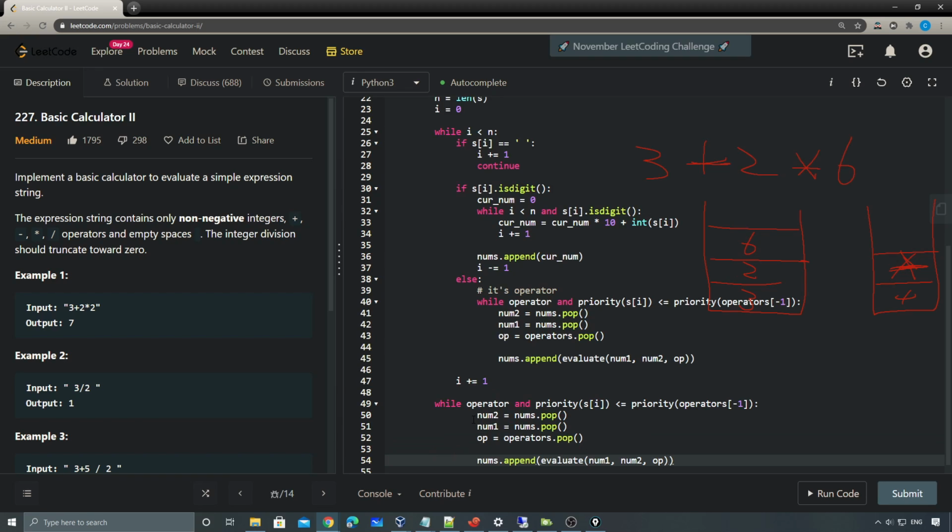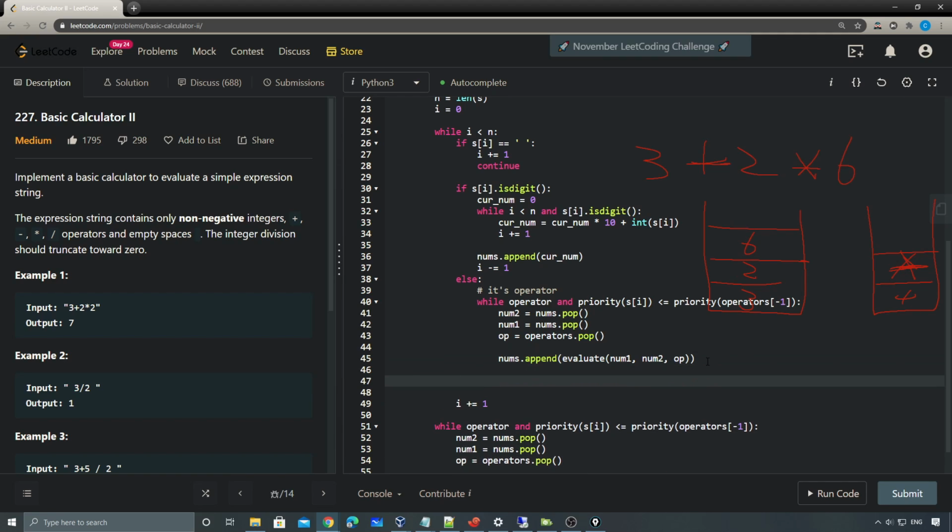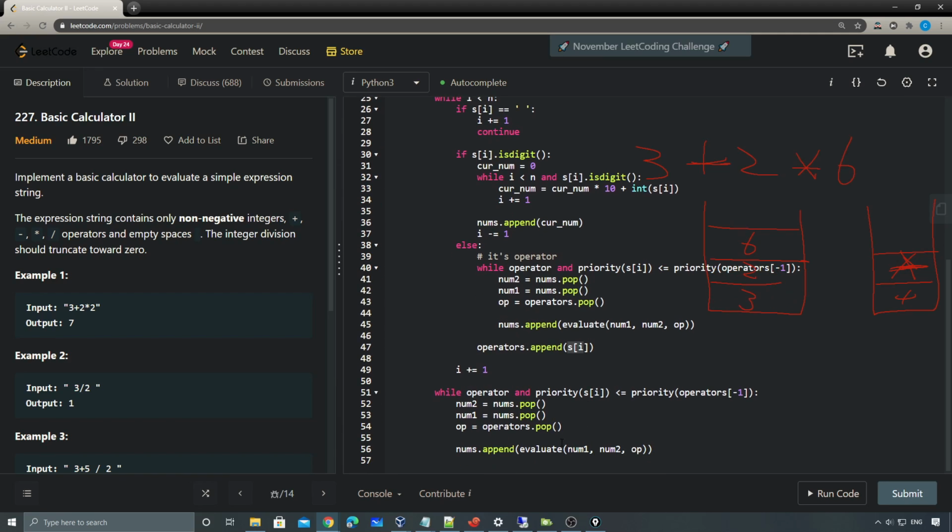Yeah, so that's that. One thing I forgot to do here is append to the operator stack, operators.append(si), because si is the operator. All right, cool.